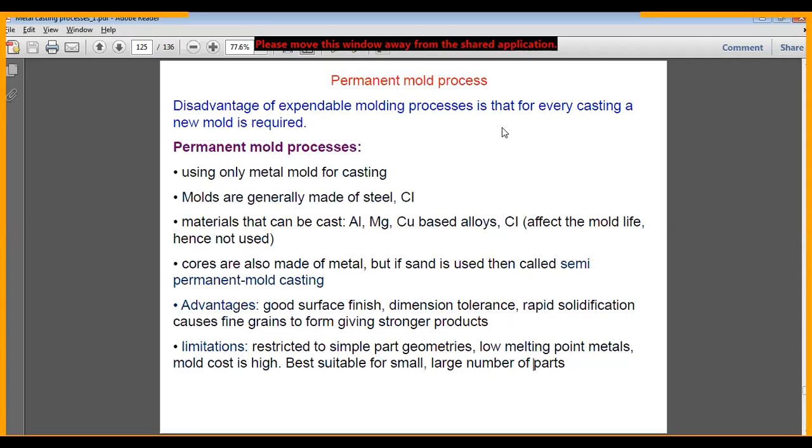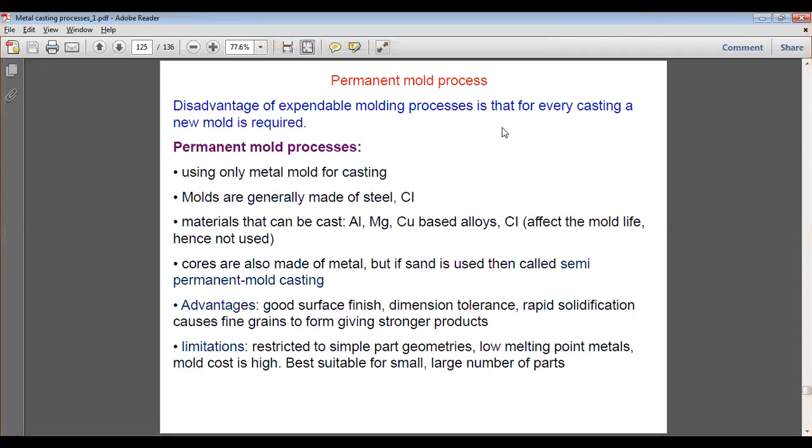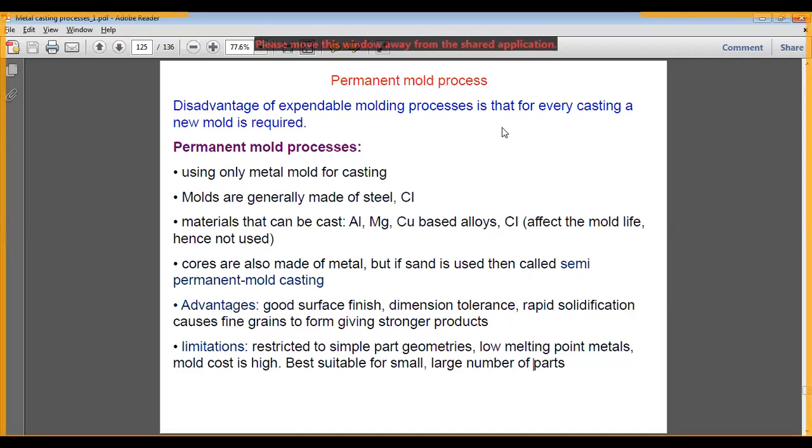So the heat transfer rate is high and solidification is rapid. In single use molds or molds made of sand, we take 4 to 5 or 6 hours to cool the component and bring the molten metal to a completely normal state.